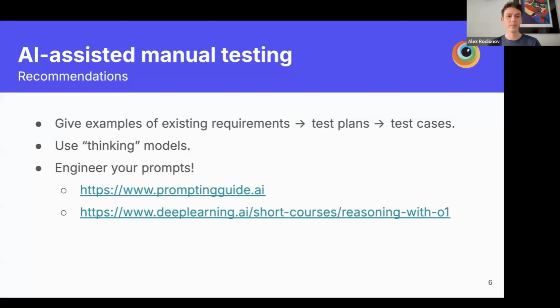And if you are using these thinking models, there is a wonderful free course on deeplearning.ai about using O1 from OpenAI and prompting it correctly, because thinking models are supposed to be prompted slightly differently. For example, you don't tell them what to do, but rather give them examples. If you do that properly, they're very accurate and provide amazing results.